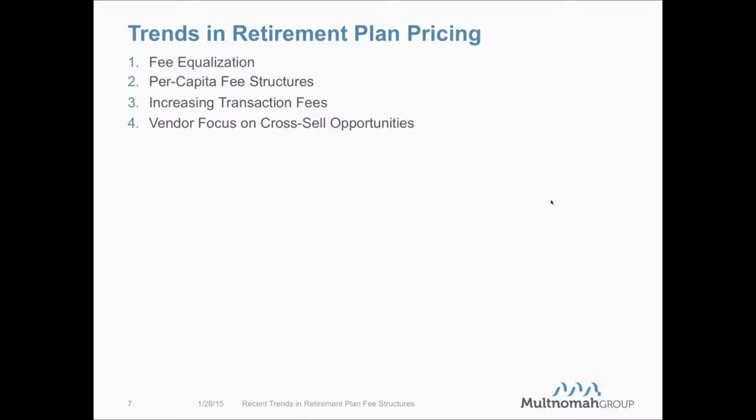I'll explain that in greater detail, but essentially it's making sure that every investment product contributes equally to whatever the record-keeping administration expense may be. The second is a strong movement away from asset-based structures to per capita fee structures, tying expenses to the number of participants rather than to the size or pool of assets within the plan.